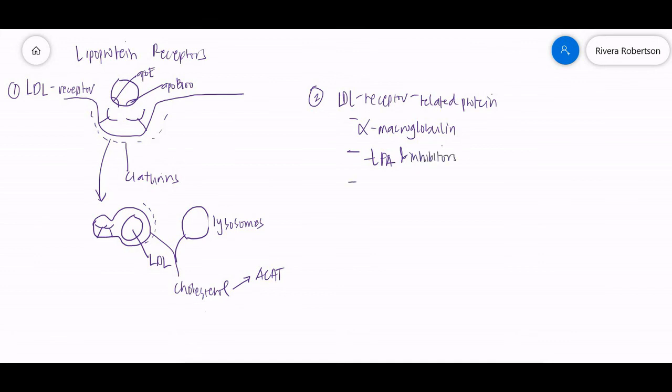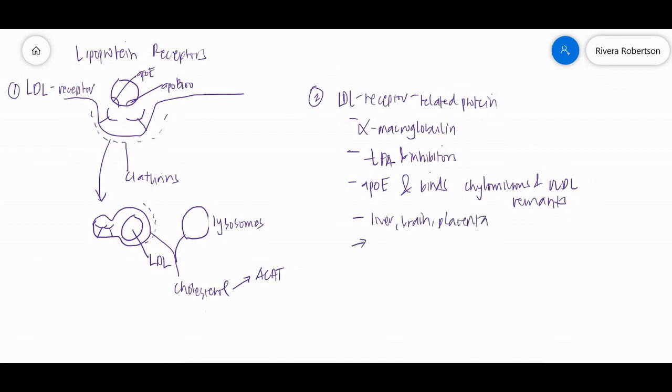Specifically, they are able to recognize also ApoE and binds the remnants of chylomicrons and VLDL remnants. Ito, makikita to sa liver, sa brain, and as well as in the placenta.